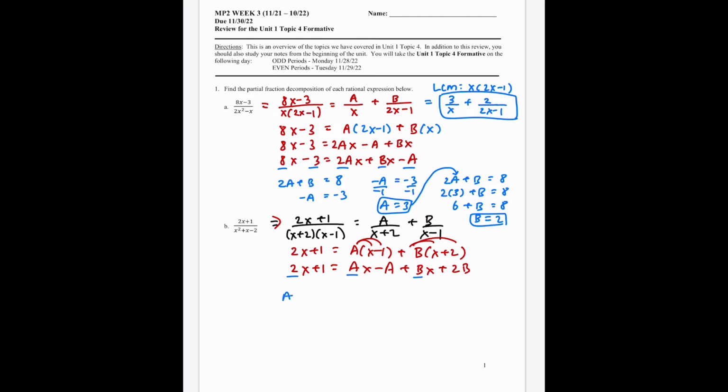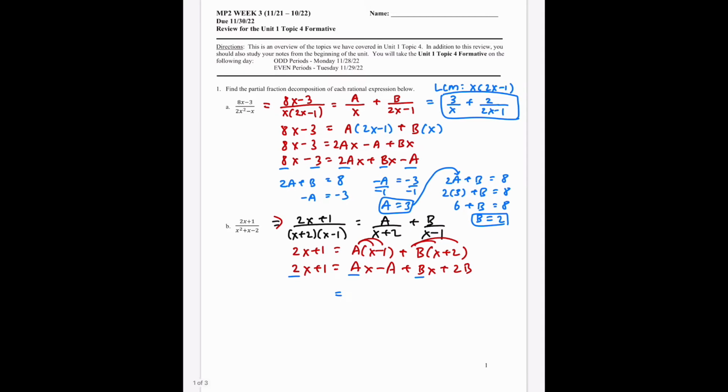So we say like a plus b is equal to 2. Fix the handwriting here. A plus b is equal to 2. And negative a plus 2b is equal to 1.